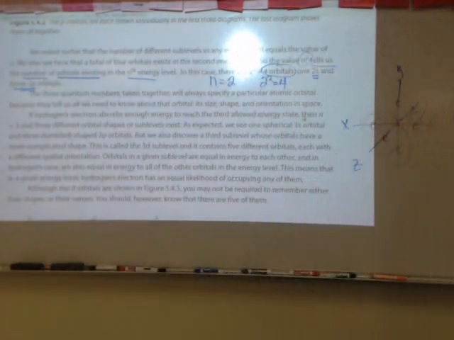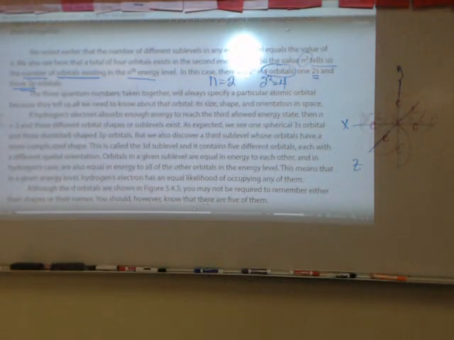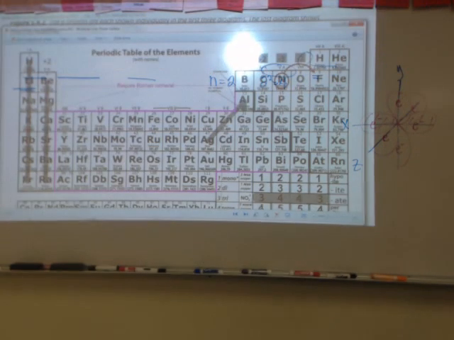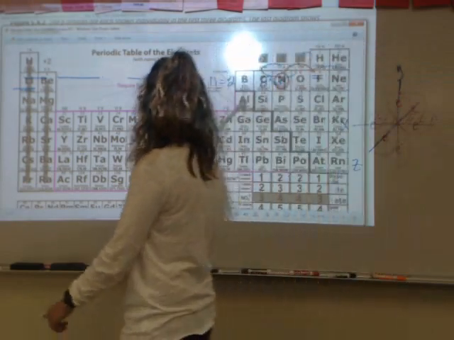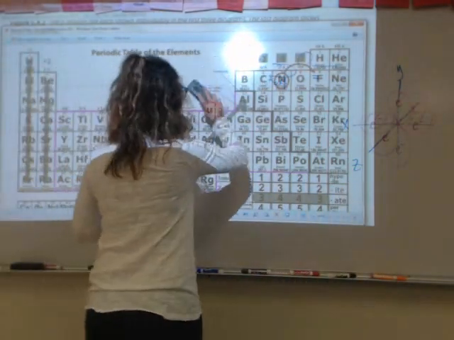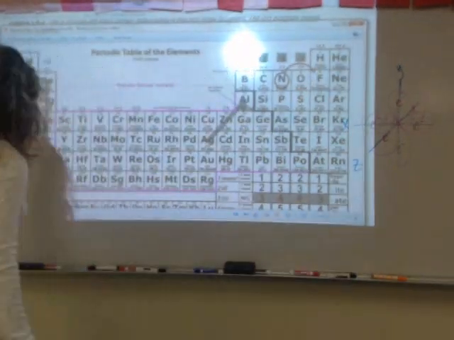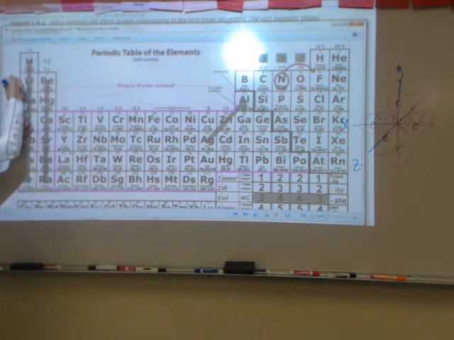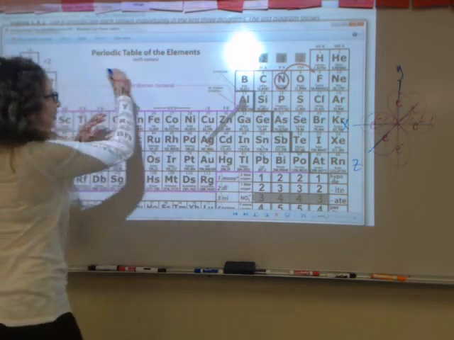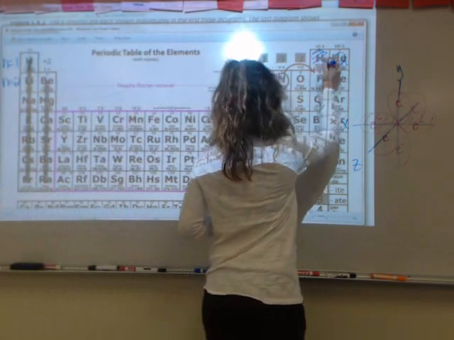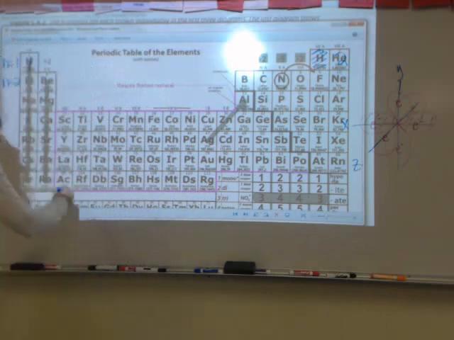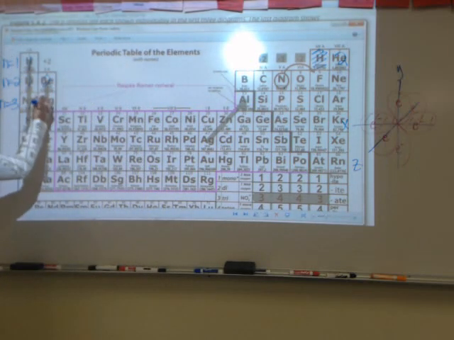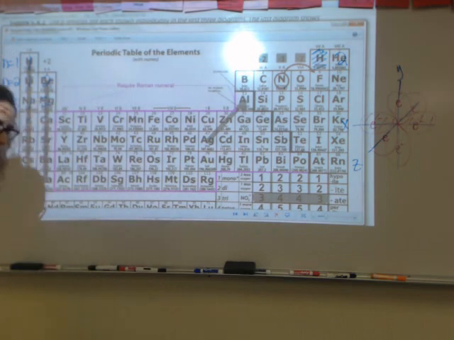Now I may have just confused you, so let me go back for a minute and take a look at that periodic table that I had. Each s holds a maximum of 2 electrons. 1, 2 can go in 1s. 1, 2 can go in 2s. 1, 2 can go in 3s, and so on.